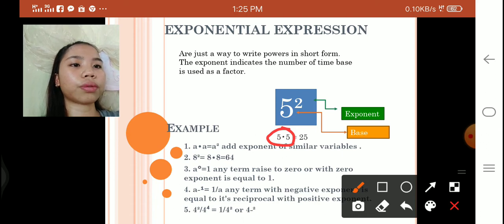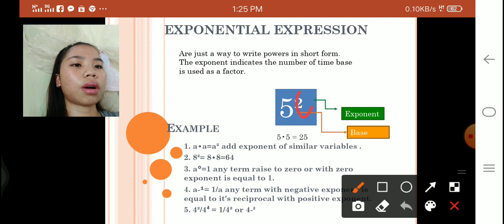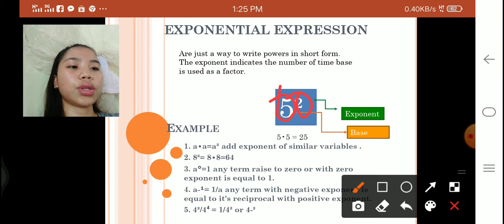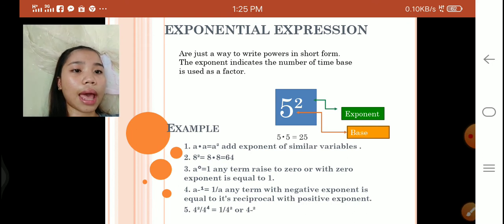It becomes 5 squared. 2 is our exponent and 5 is the base. So for example, a times a is equal to a squared. Add the exponents of similar variables.